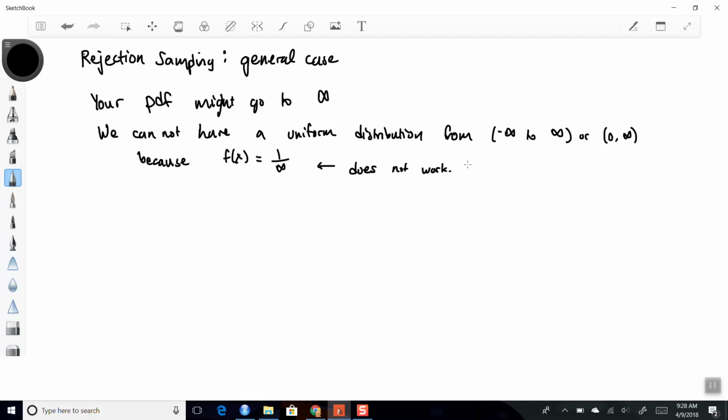So our proposal distribution can no longer be uniform. Our proposal distribution needs to go to infinity as well. We'll also need to extend to infinity.